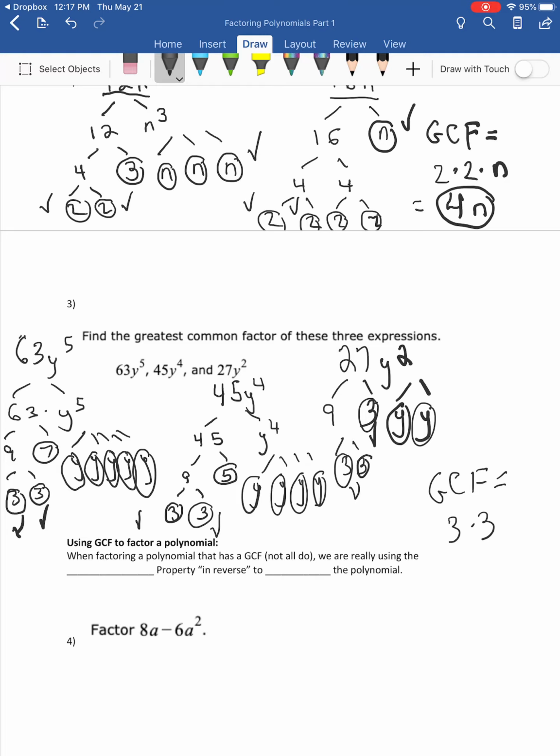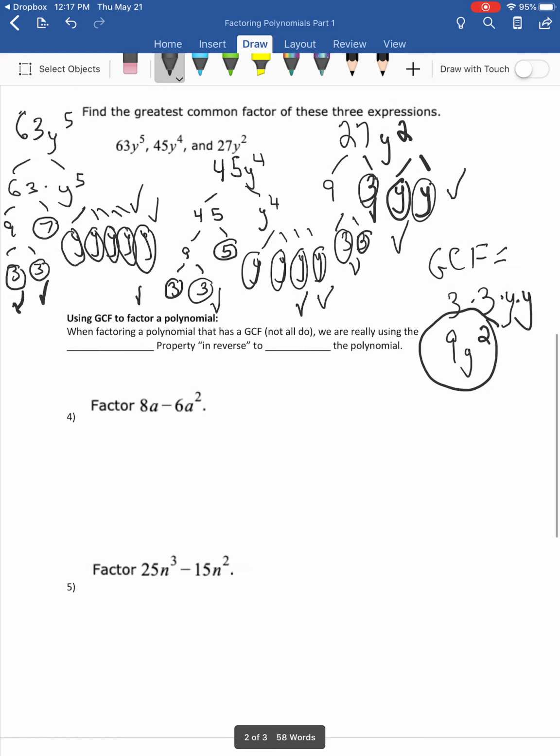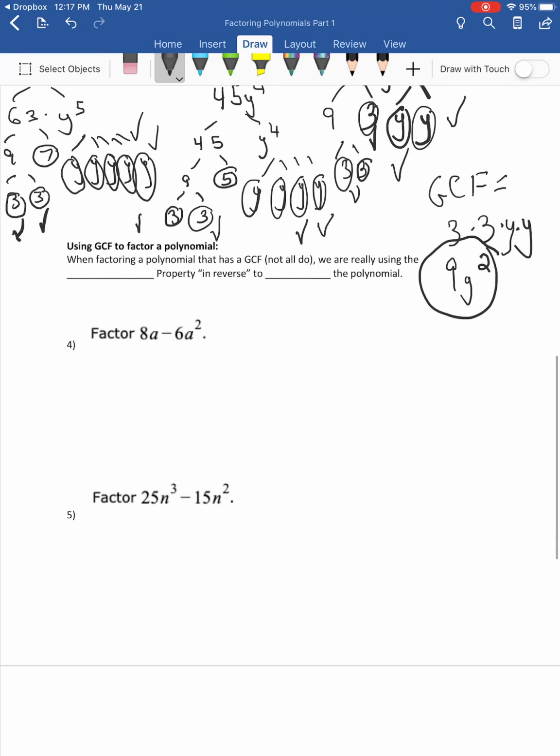I can take out 2 y's from here, I can take out another 2 from here, and I can take out another 2 from here. So they have 2 y's in common. 3 times 3 times y squared is 9y squared. That's your GCF.